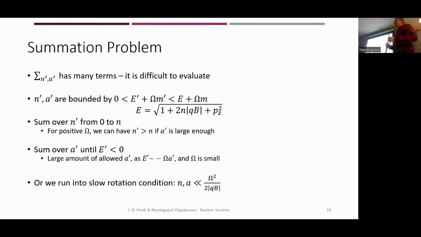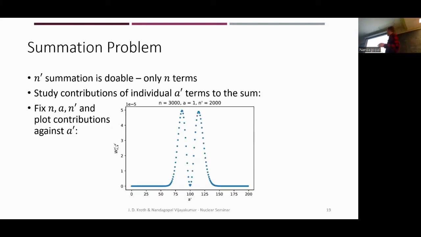And so to tackle this problem, I investigated what these contributions actually look like. If we fix N, A, and N prime, and just take the integral for a bunch of different A primes and plot it, what does it look like? Here we've got about 200 values of A prime. There are a few 100,000 more that I'm not showing you and I didn't calculate.